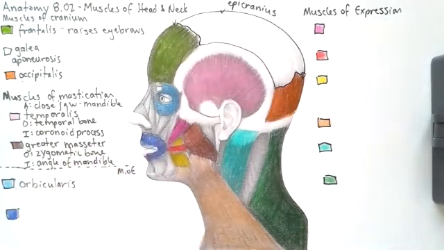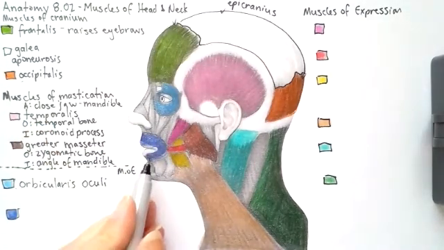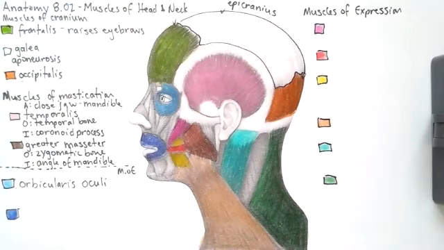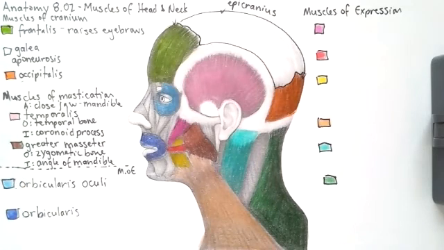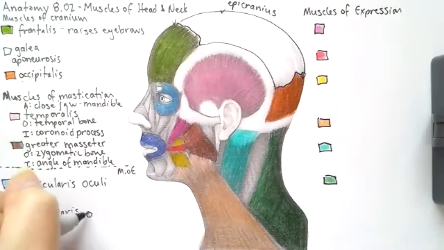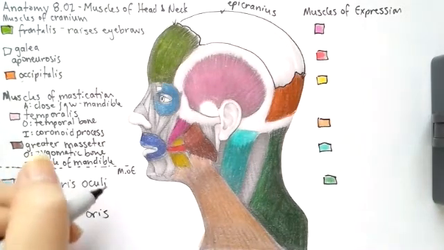And because it goes around the eye, this is the orbicularis oculi. This one is a sphincter that's around the mouth. And if you remember your terms of your body regions, this is oral, so this is the orbicularis oris. And these are both sphincters.